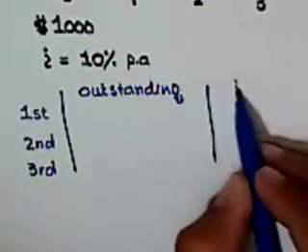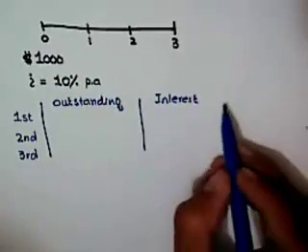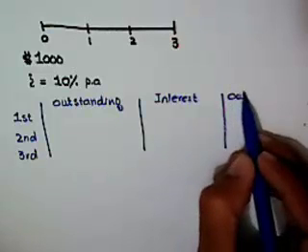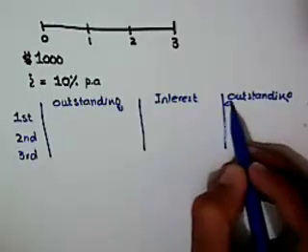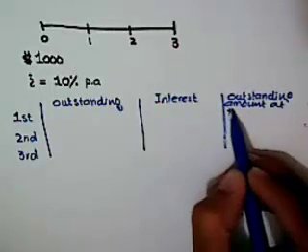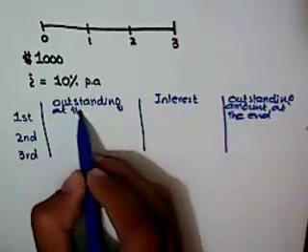And how much is the interest? And how much is the outstanding amount at the end? And this is outstanding amount at the beginning.